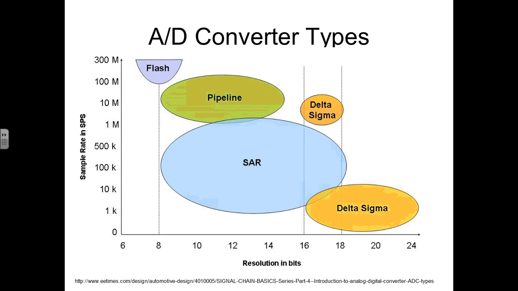Pipelined converters would be a little faster than those. Flash would be the very fastest, but very low resolution. And again, the idea of a pipeline converter is to try to bridge the gap between successive approximation and flash converters in terms of speed, resolution and cost.